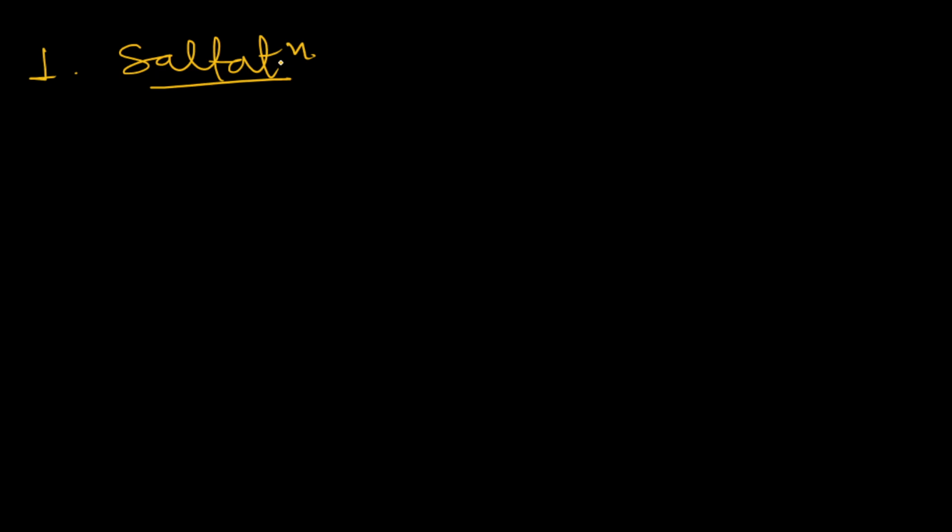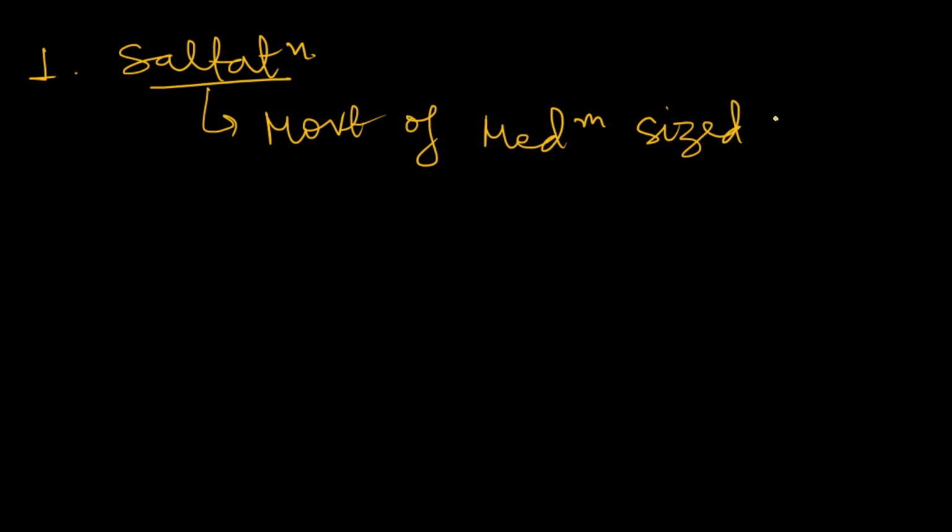Saltation is the type of wind erosion where detachment, transportation and deposition of soil particles happen, and it is the movement of medium-sized soil particles.